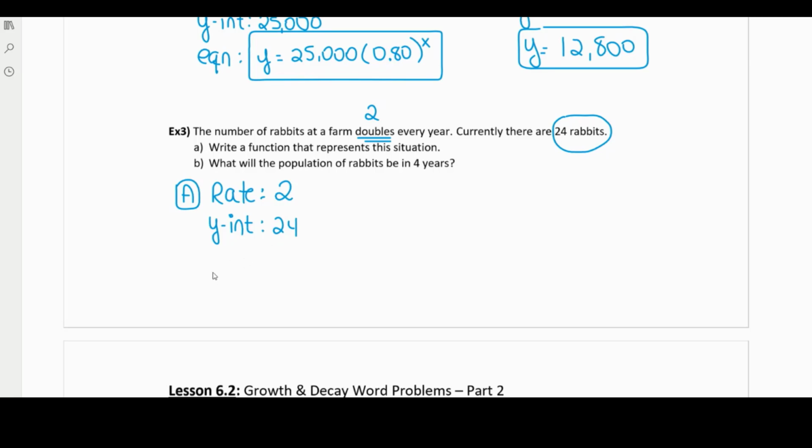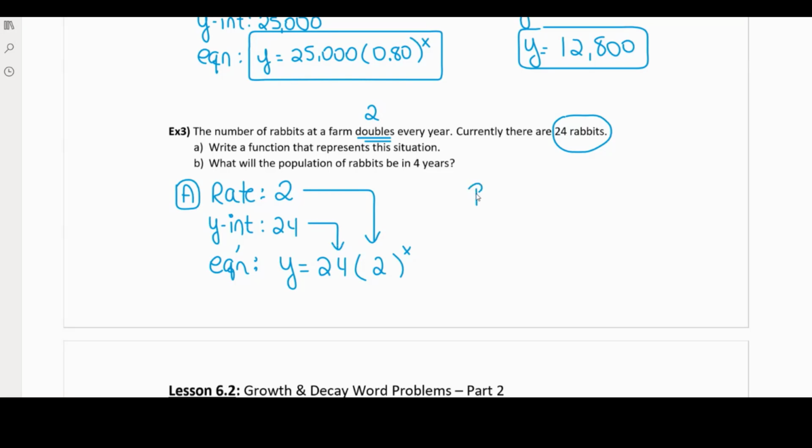So with that, we can write the equation. And the equation is going to be y equals, the initial value is 24, or the y-intercept is 24, open parenthesis, raised to the x, and inside is going to be your 2. So always remember, first the y-intercept, and then second the rate, okay?